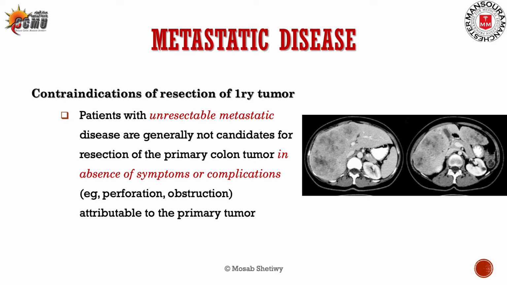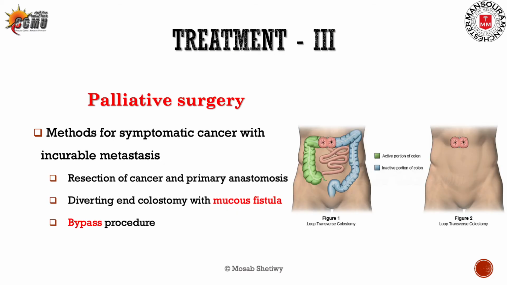A contraindication to resection of a primary tumor is the presence of unresectable metastatic disease without symptoms or complications, as we've mentioned. And unresectable or incurable metastases with symptomatic patients would benefit from palliative surgery. This palliative surgery might be resection of the primary tumor with primary anastomosis, or just a diverting end colostomy with a mucus fistula, or a bypass procedure.